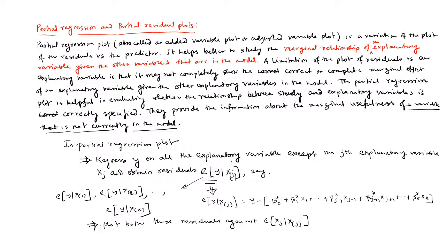I want to add one more point. Actually, I forgot to mention something. First, you regress y on all explanatory variables except the jth explanatory variable xj and obtain this residual. Okay, this is the first. And secondly, this is the second point, which I omitted. Please insert this point.